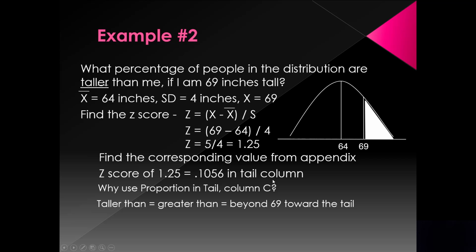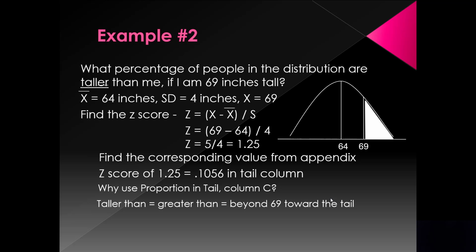First, because of the language of the problem. What percentage of people are taller than me, which means greater than me, which means beyond 69 toward the tail. And now I'm going to tell you the most important thing to do when you're working these problems.